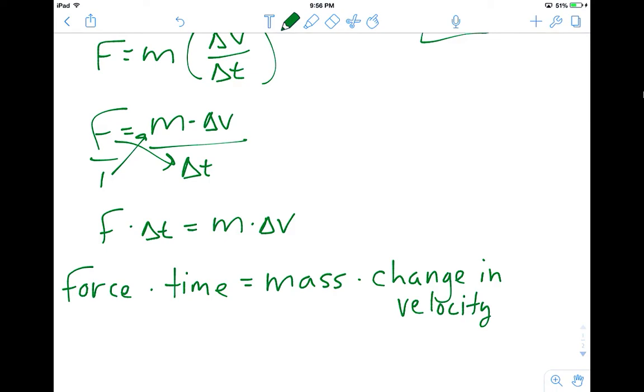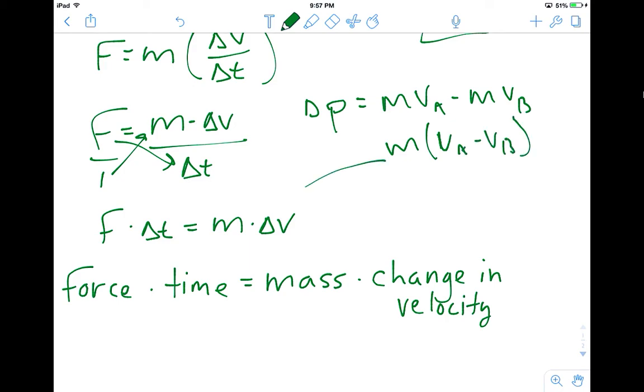Remember that delta P equals mass times velocity after minus mass times velocity before. If we pull an M out of there, I end up with M times (VA minus VB), which looks an awful lot like that.